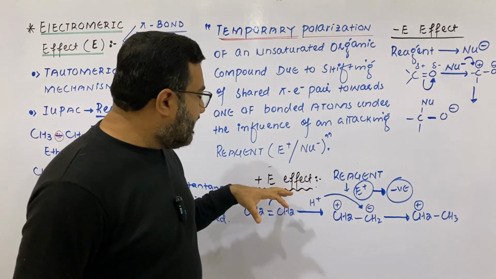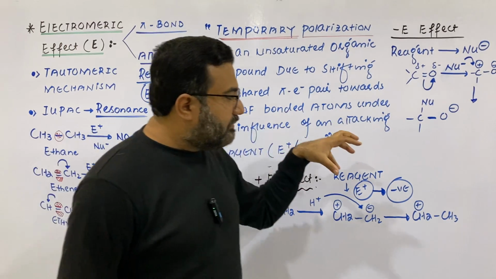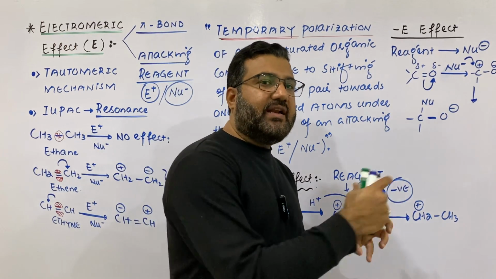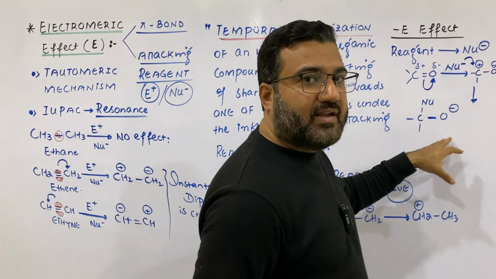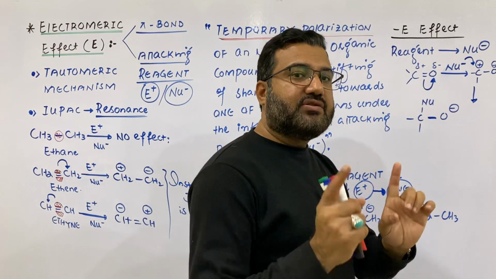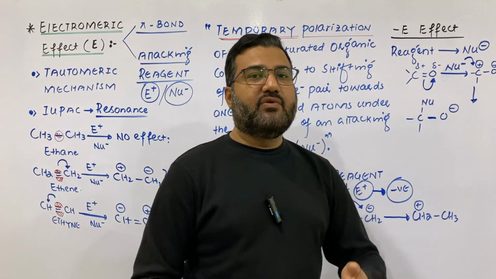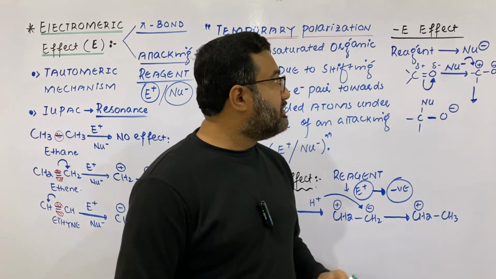So in positive electromeric effect, the pi electron pair is finally given to the reagent. But in case of negative electromeric effect, the pi electron pair is not given to the reagent, rather it moves away from the reagent.